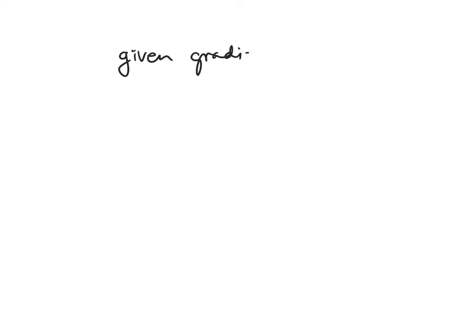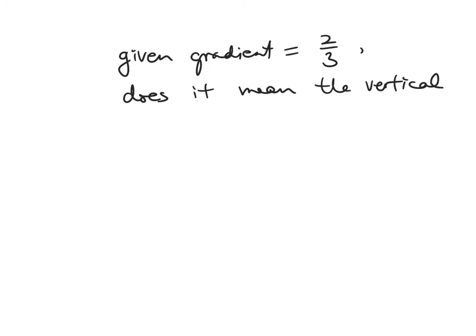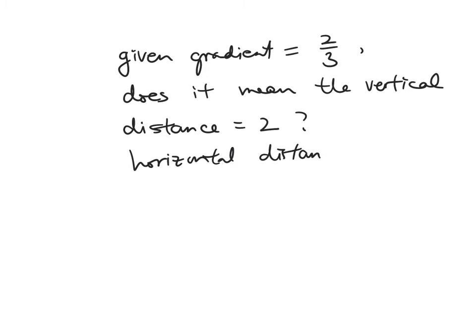Given the gradient equals 2/3, does it mean the vertical distance equals 2 and the horizontal distance equals 3?